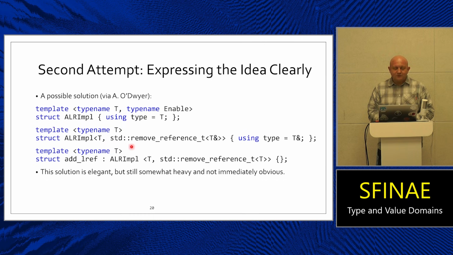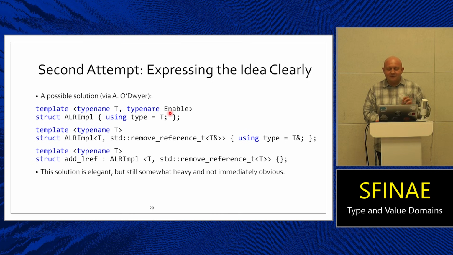It uses std::remove_reference_t of T&, as a kind of proof that T& makes sense. And finally, add_lref inherits from ILR_impl, and if T& is a valid type, the specialization matches and we get T&. If not, the compiler falls back to the primary template and leaves T unchanged.